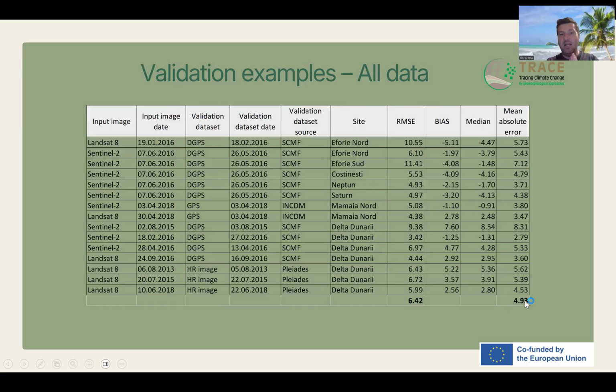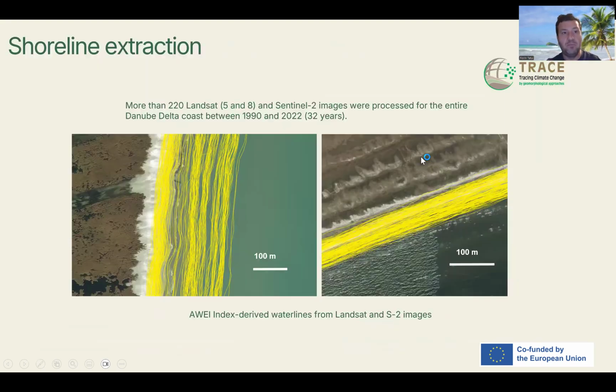So basically in all these pairs of automatically extracted shorelines versus the measured shorelines, we have an average difference of less than 5 meters for both Sentinel-2 and Landsat, which is very, very, very good.